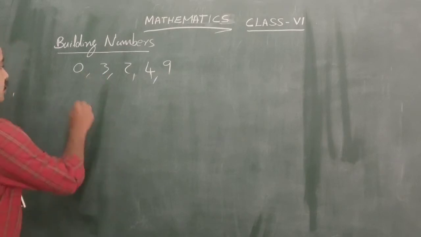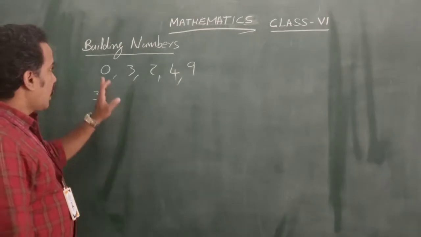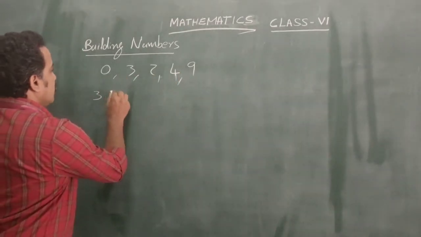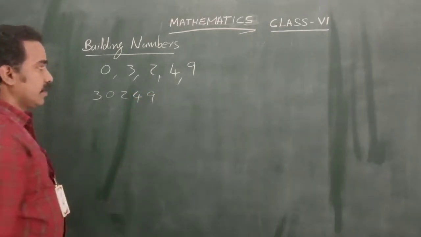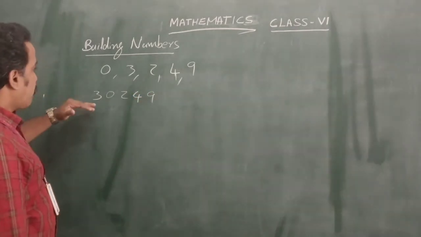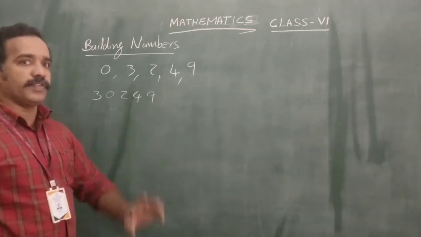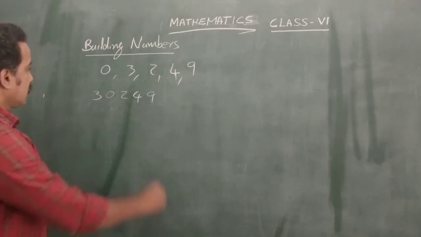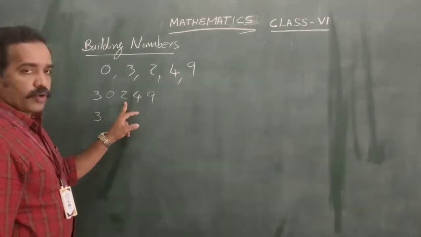Suppose 3, you can place 3 in the first place and then arrange the remaining digits, here 0, 2, 4, 9. One possibility. Keeping 3 in the first place, how many such numbers can we make? 3 in the first place, so 3 here, and change the 0.